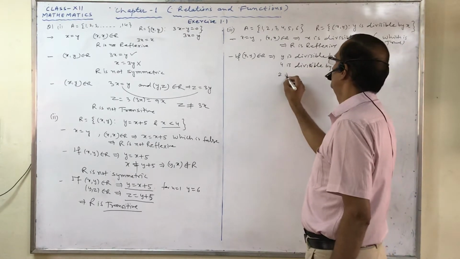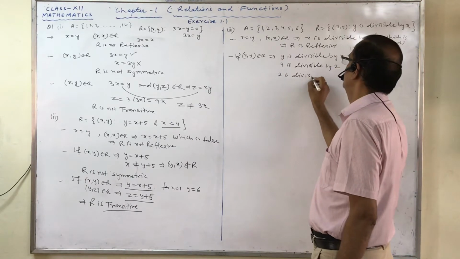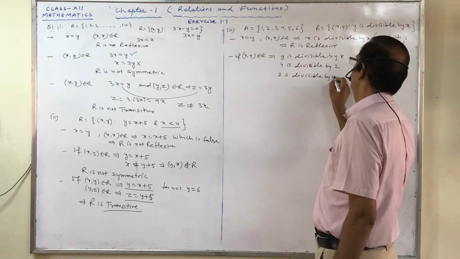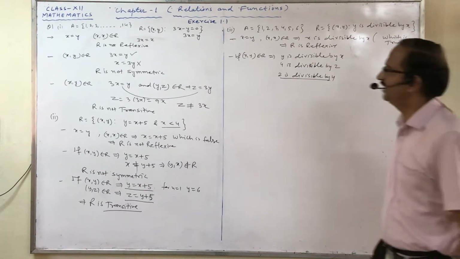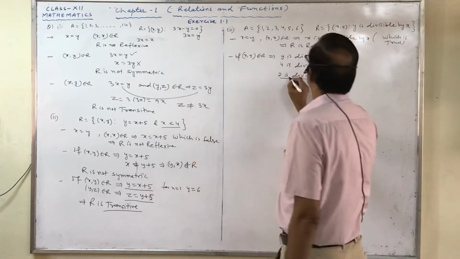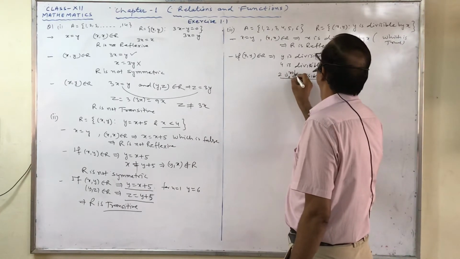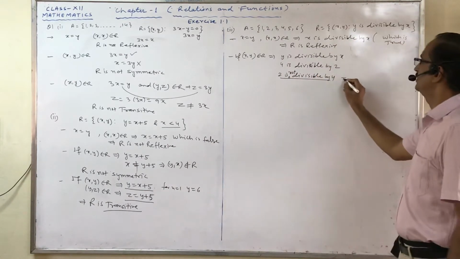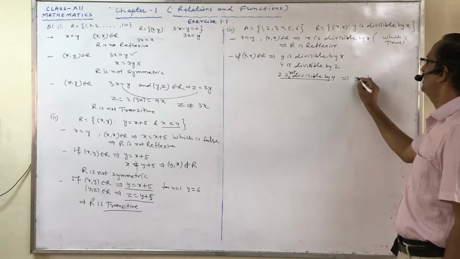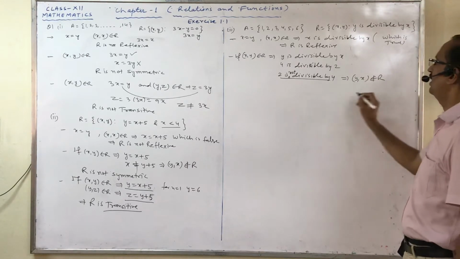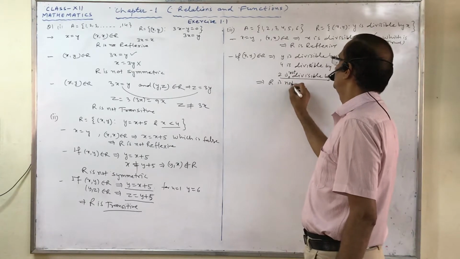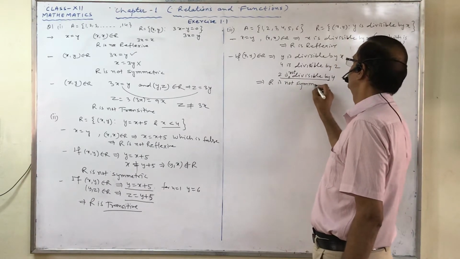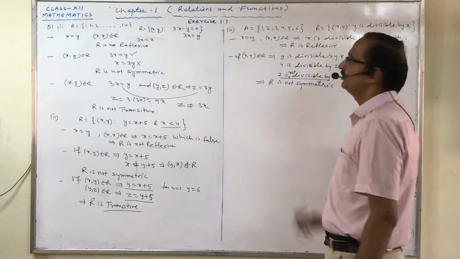Now 2 is also divisible by 4. Is it correct? No, it is not correct. So we can say that 2 is not divisible by 4. This implies that (y, x) doesn't belong to R, and this implies that R is not symmetric. Now come to transitive.